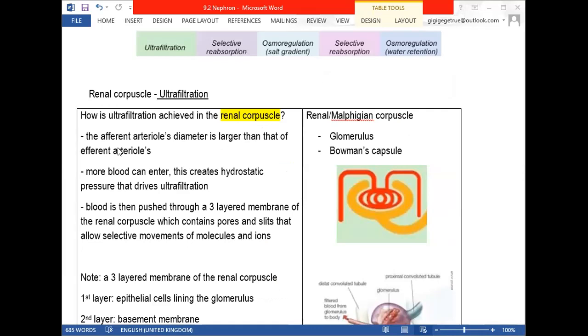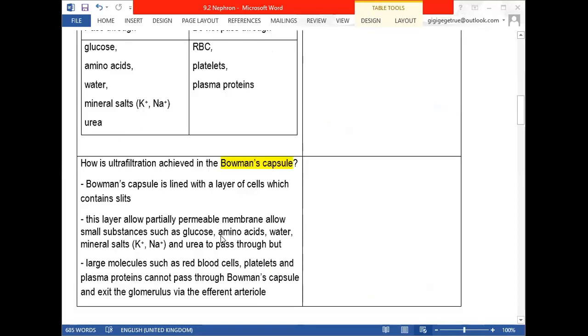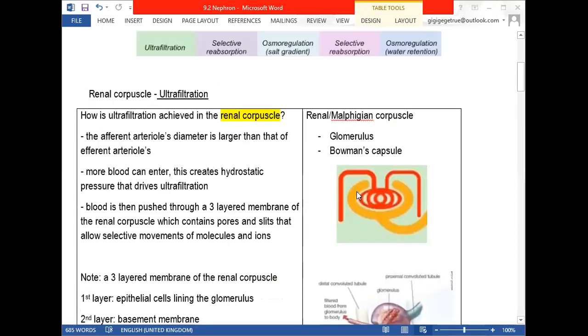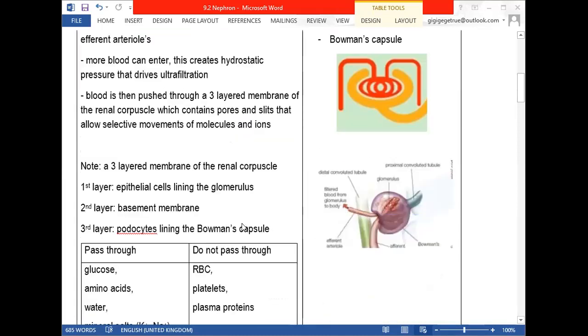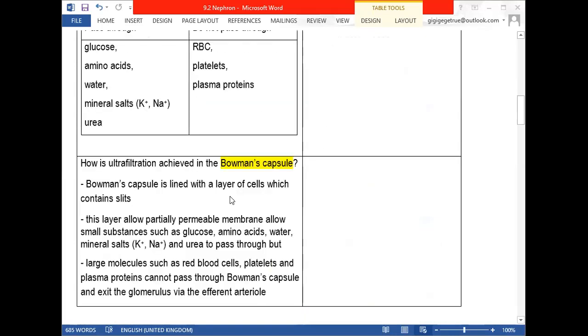So you can use the afferent arteriole and hydrostatic pressure, all this. But Bowman's capsule is just this, what we call the orange structure over here. It doesn't involve the glomerulus, which looks like a puddle of capillary. So we can't really talk about the afferent arteriole and efferent arteriole.